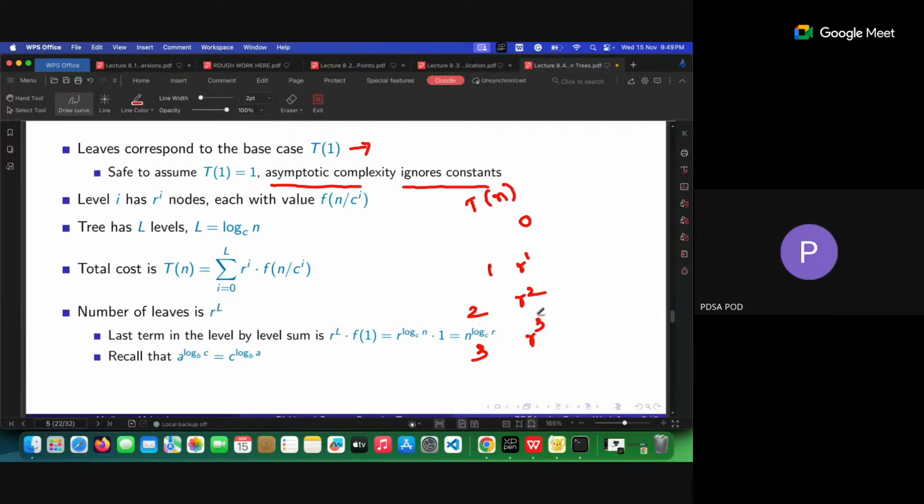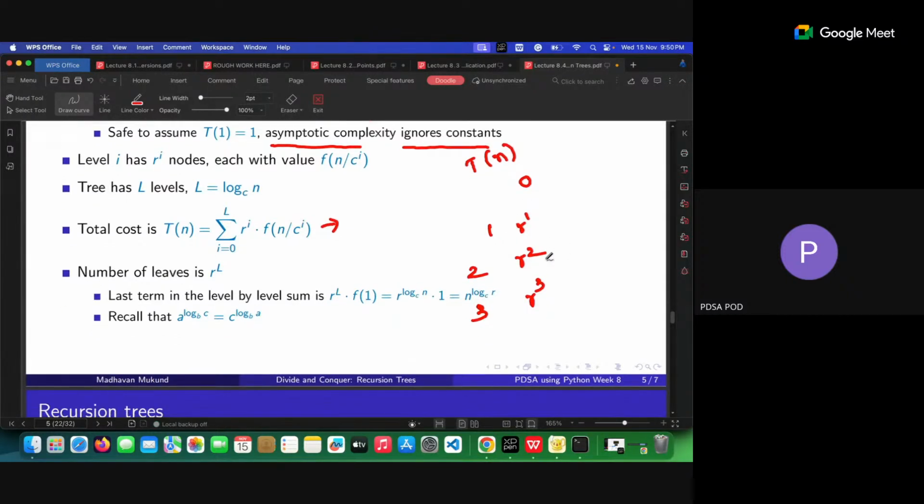The total cost is calculated for each level by summing the cost of each recursion call, multiplied by f of n by c to the i. We compute the complexity of each subproblem and add them, the sigma symbol, from 0 to L. The total cost is what we require.